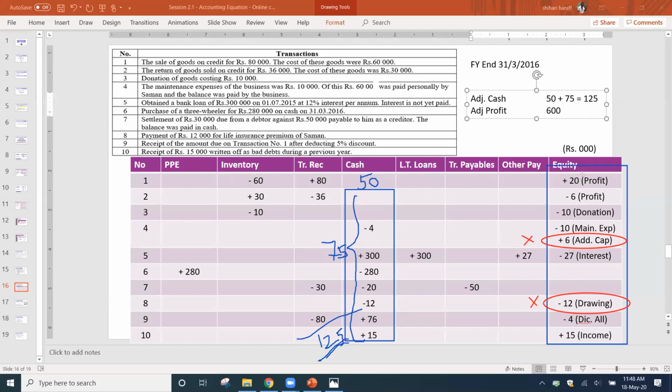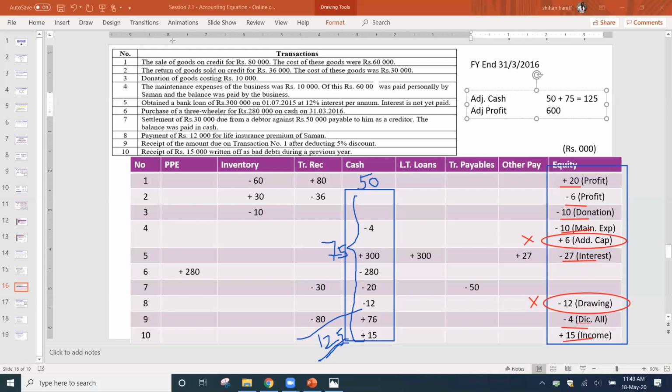Because from plus 20, profit increases, profit decreases, donation, profit decreases, maintenance expense, profit decreases, interest, discount, income. Right, good.